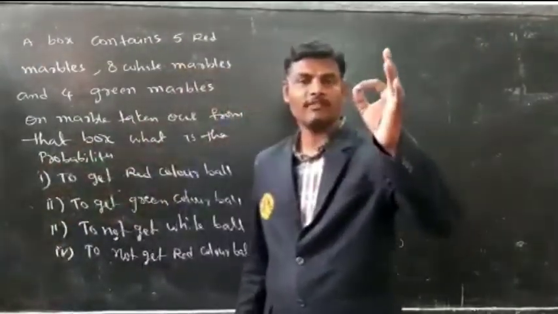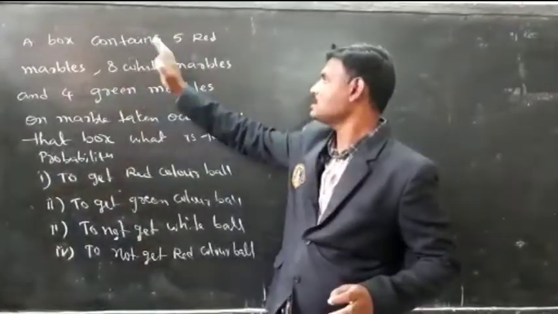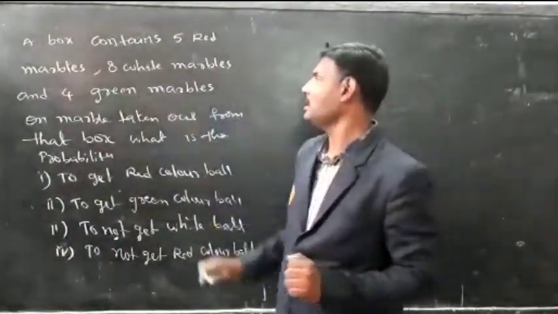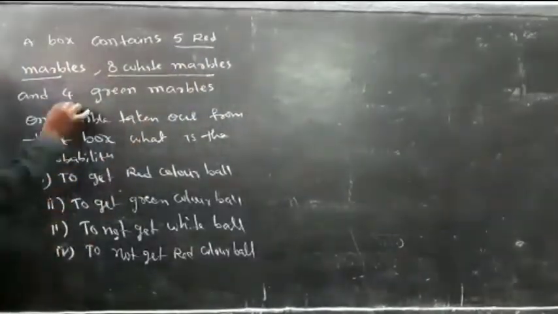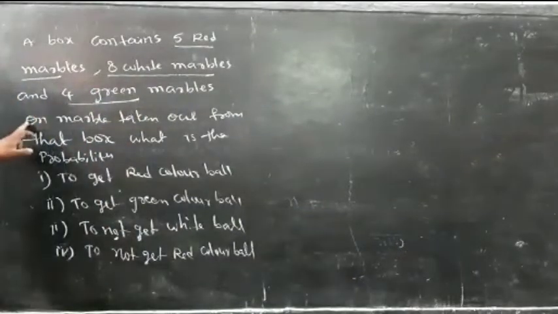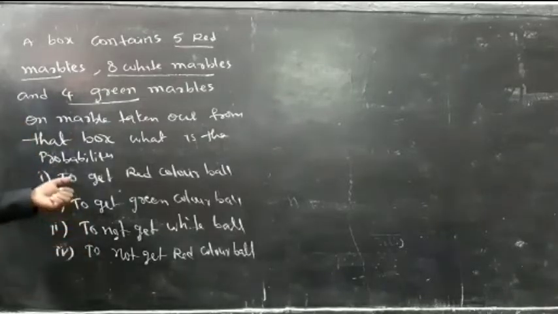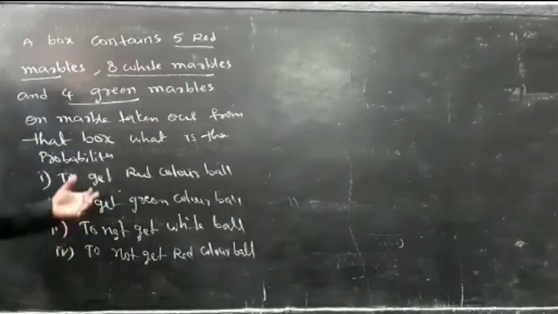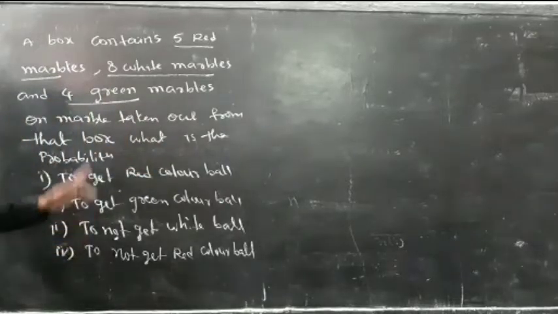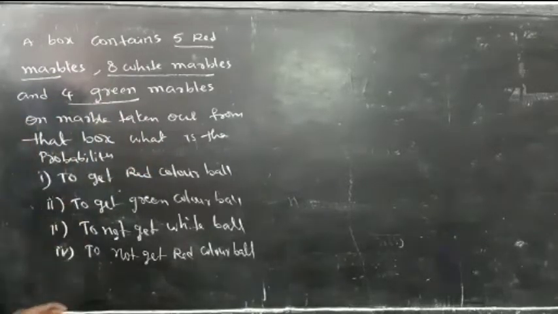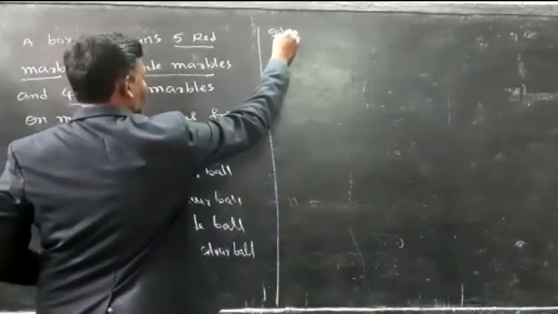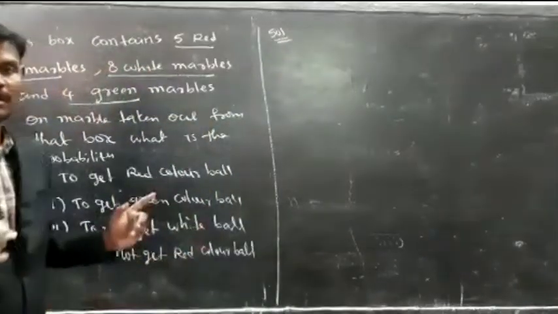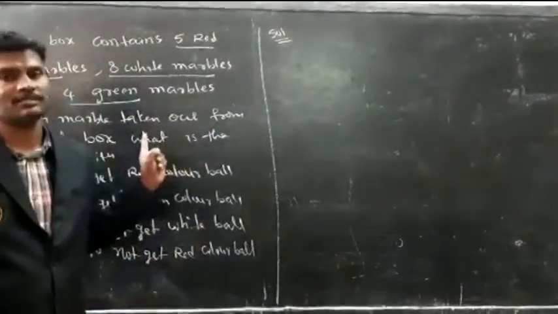Here is also one of the important questions. A bag contains 5 red marbles, 8 white marbles and 4 green marbles. One marble is taken out from the bag. What is the probability to get a red color ball, to get a green color ball, to not get a white color ball, to not get a red color ball? Before finding the probability, first you have to find the total possible outcomes.